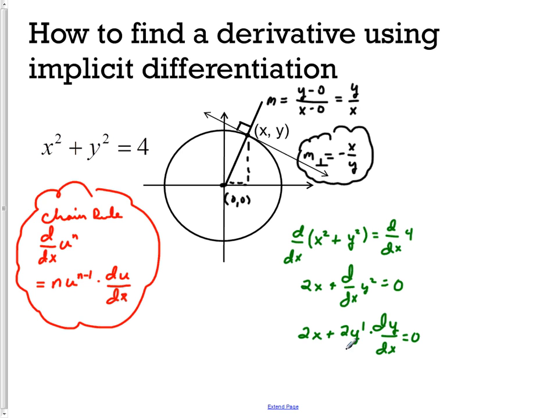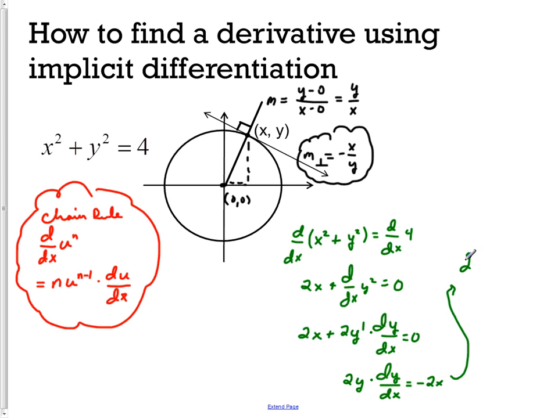Now we want to solve for dy/dx. I don't even need to carry the 1. If I subtract 2x from both sides, I find that 2 times y times dy/dx is equal to negative 2x, and hopefully you can already see where this is going.